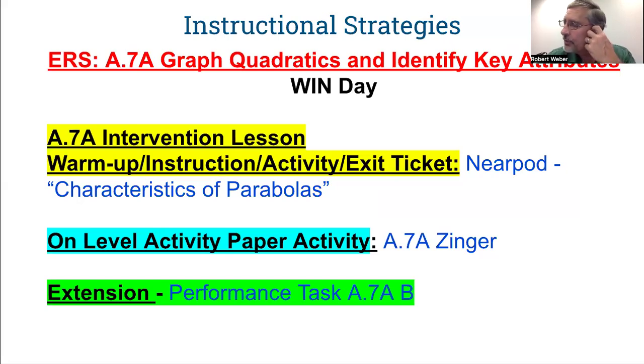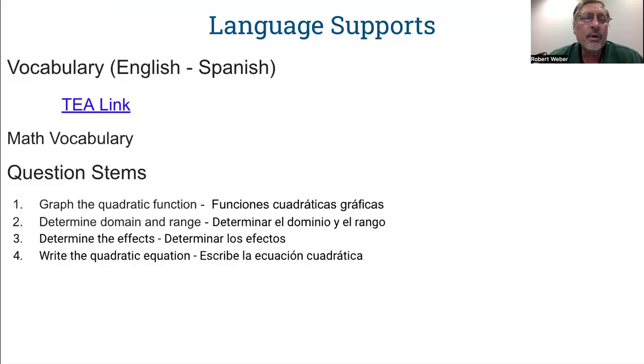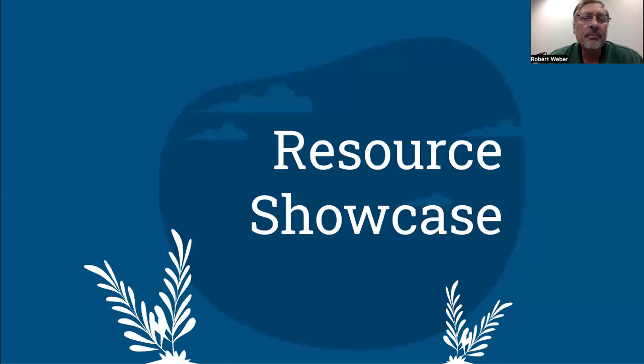Instructional strategies, we do have a win day, with it being an essential readiness, A7A. I did choose a Nearpod as your instructional component, and I think that's also going to be our instructional showcase for this month. Language supports, you can see the sentence stems listed there.